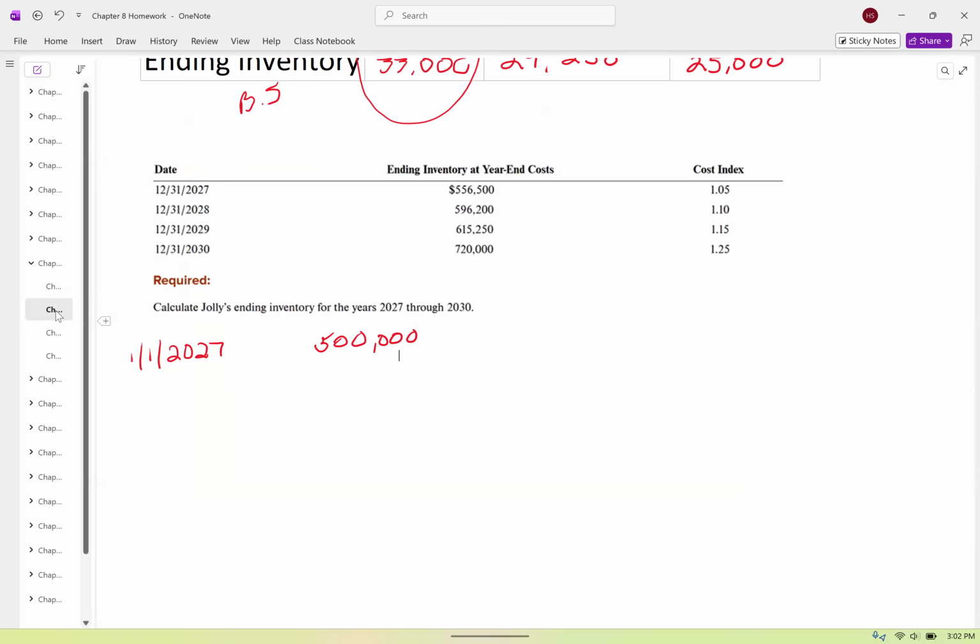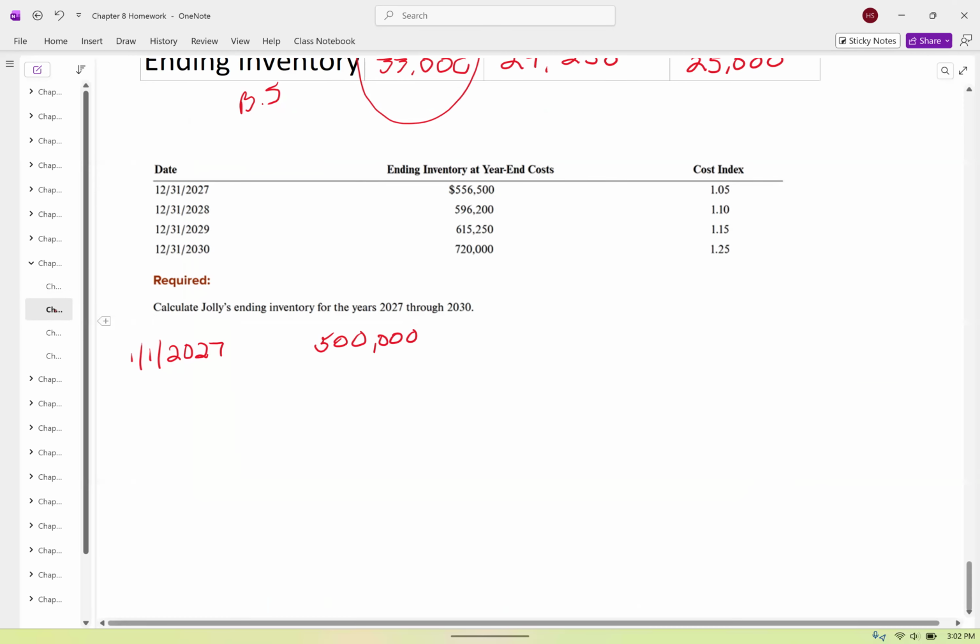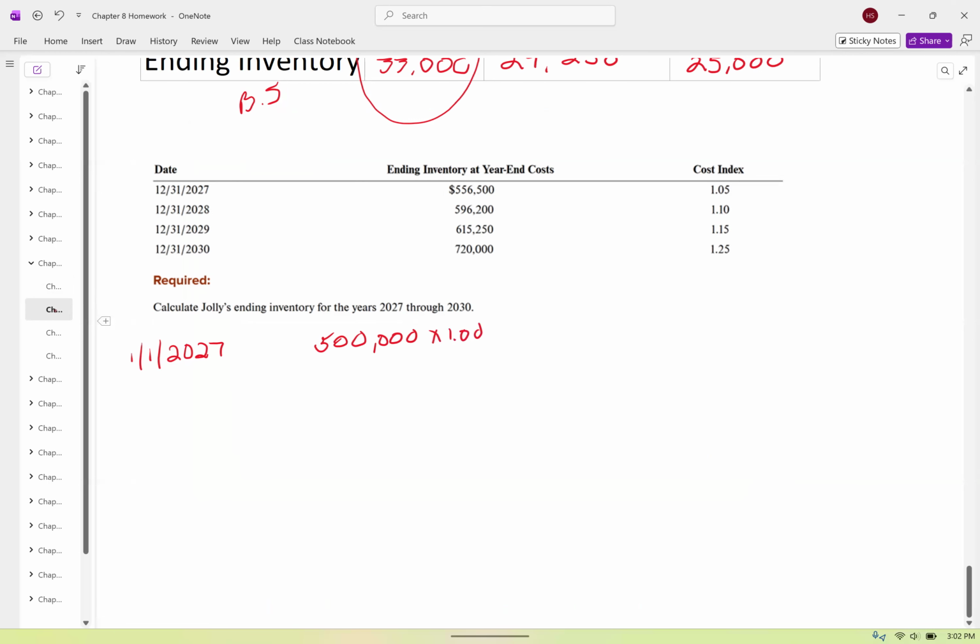Okay. So now let's go over here. So the first thing we do, we're going to multiply this times 1.0, which, I'm sorry, we're going to divide it by 1.0, that first layer. All right. And that gives us 500,000. And we're going to multiply it times 1.0 because this is my base year. Okay. I didn't really have to do that, but I wanted to do it just so you could kind of see what we're going to do in the next period.